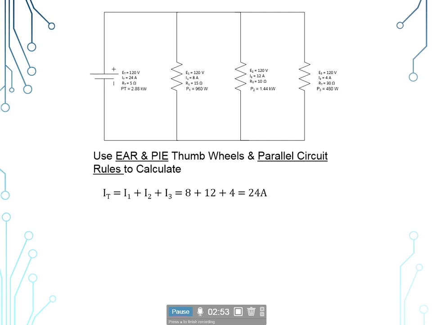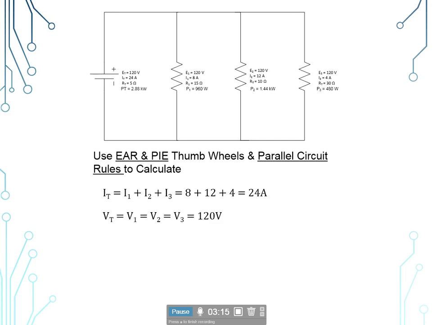So we can say I sub t is equal to I sub 1 plus I sub 2 plus I sub 3. In this example, I sub 1 is 8 amps plus I sub 2 of 12 amps plus I sub 3 of 4 amps, giving us a total circuit current of 24 amps.